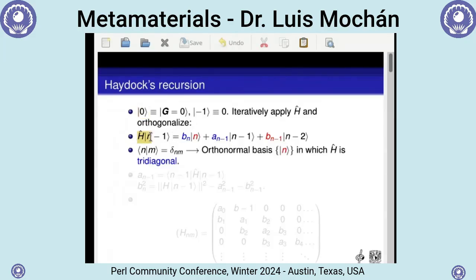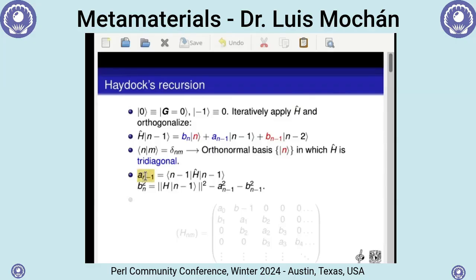But each state produced, we orthogonalize it to all the previous states we have already found. And since the operator is Hermitian, we actually just have to orthogonalize it to the last two states. So by demanding that the new state is orthogonal to the previous states, we are constructing an orthogonal basis in which the operator can be represented as a tridiagonal matrix.